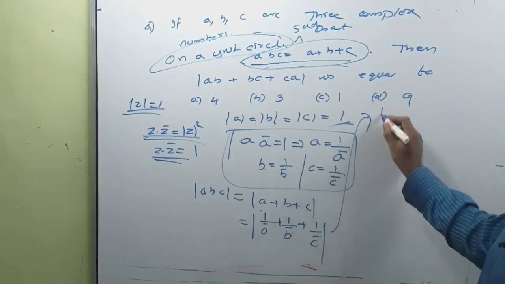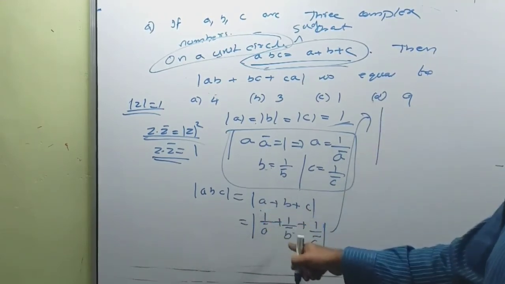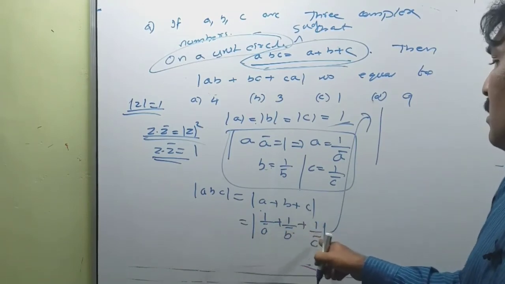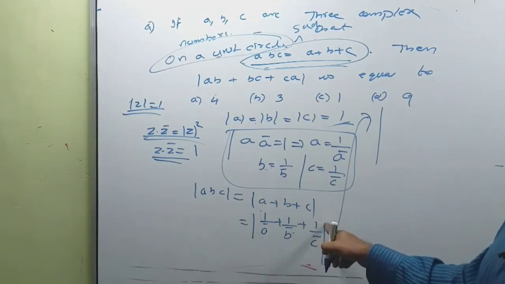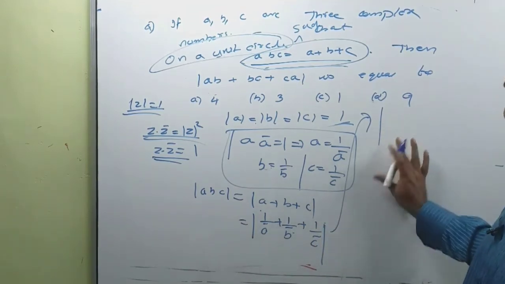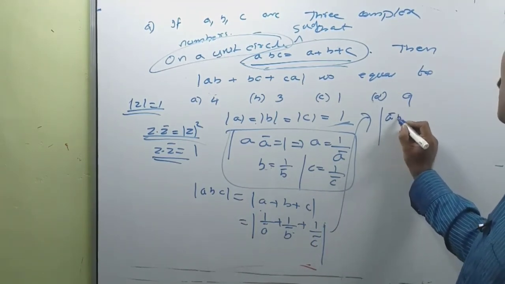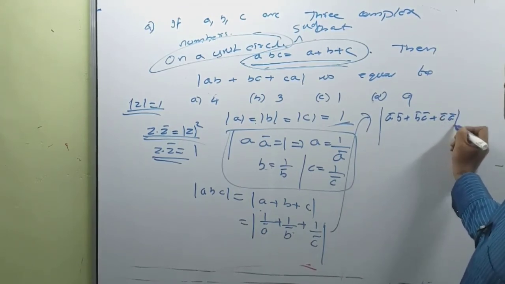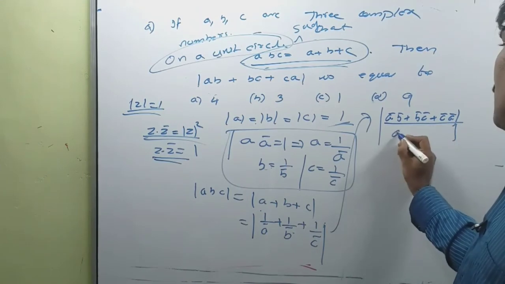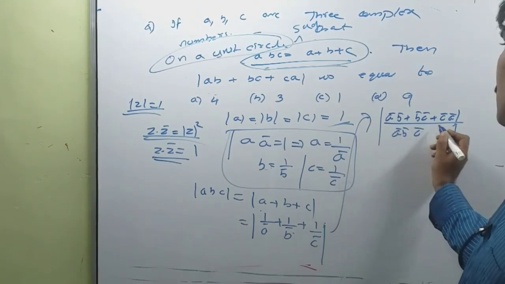Taking the LCM, this becomes B bar C bar, this becomes A bar C bar, and this becomes A bar B bar. So we can write this as A bar B bar plus B bar C bar plus C bar A bar divided by A bar B bar C bar.